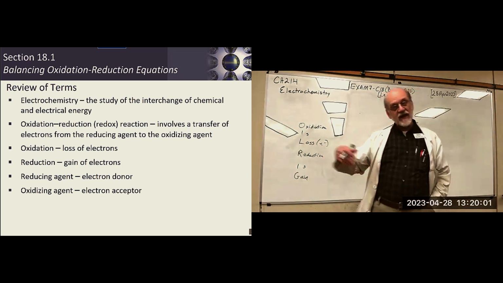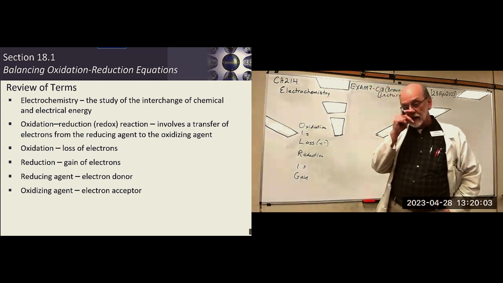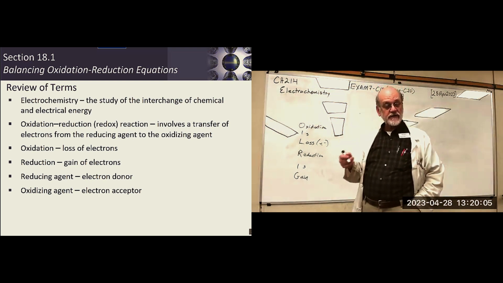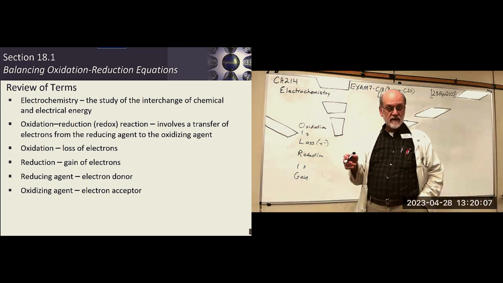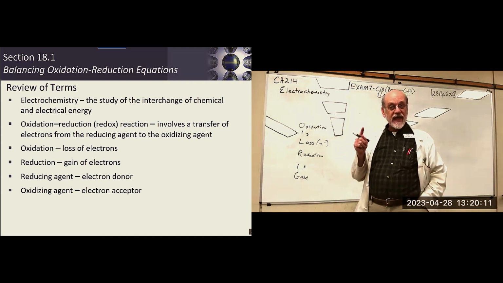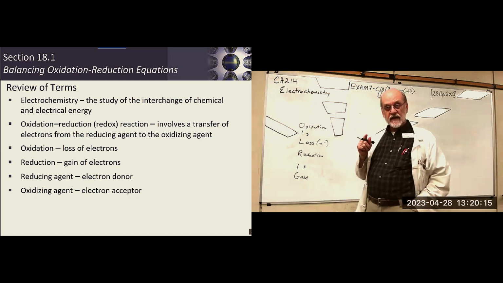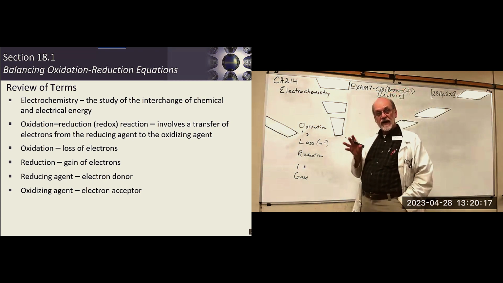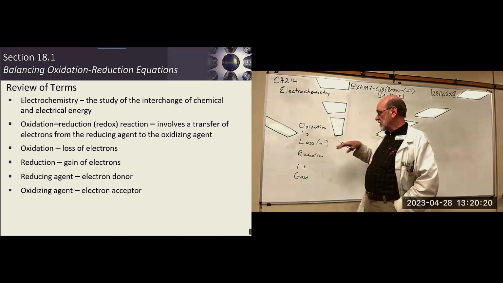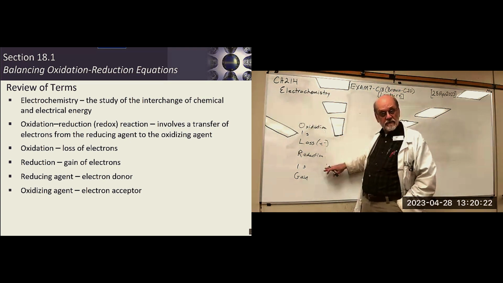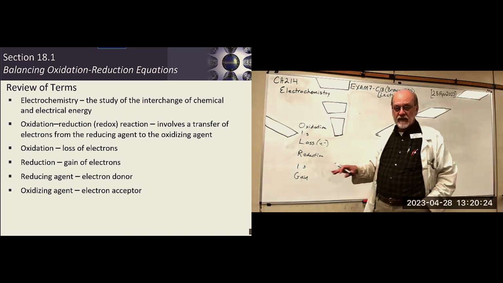So when we write a balanced chemical equation and identify it as an oxidation-reduction process, or redox reaction, we have to account for all the electrons that are moving, and the number of electrons in that balanced equation that are lost by something must be gained by something else.